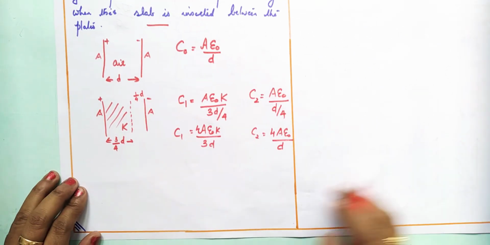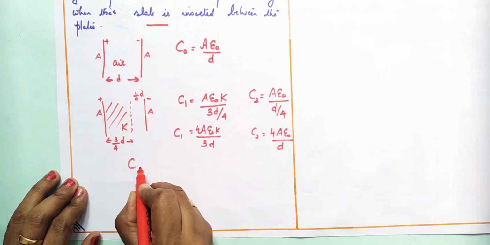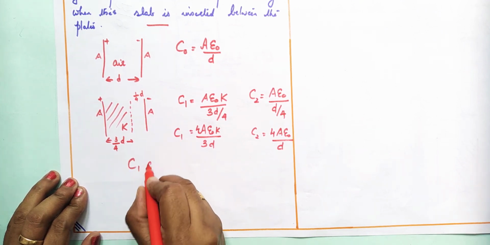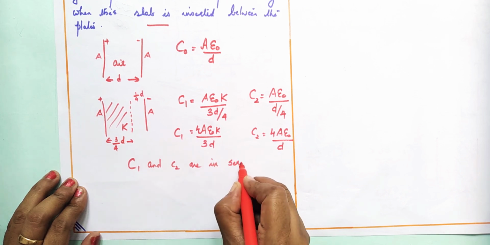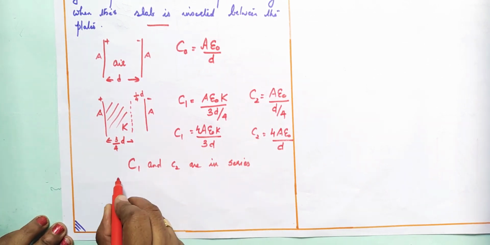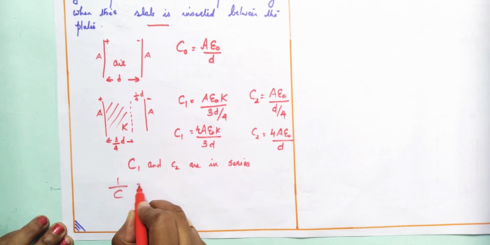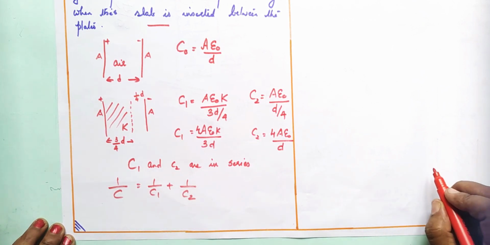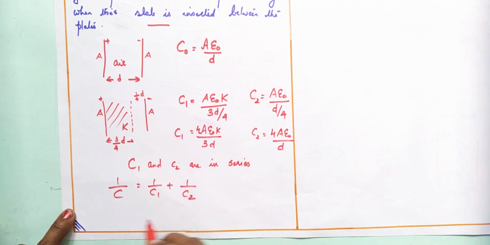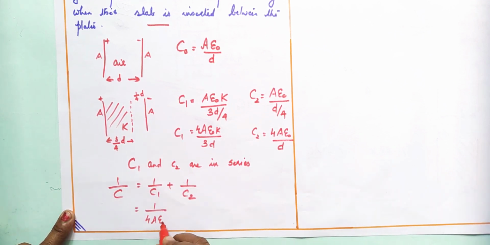So the combined capacitance, as C1 and C2 are in series, the equivalent can be written as 1 by C is equal to 1 by C1 plus 1 by C2. We know if two capacitors are connected in series, the equivalent capacitance is 1 by C equals 1 by C1 plus 1 by C2. Next we can substitute C1 as 4A epsilon 0 K divided by 3D.